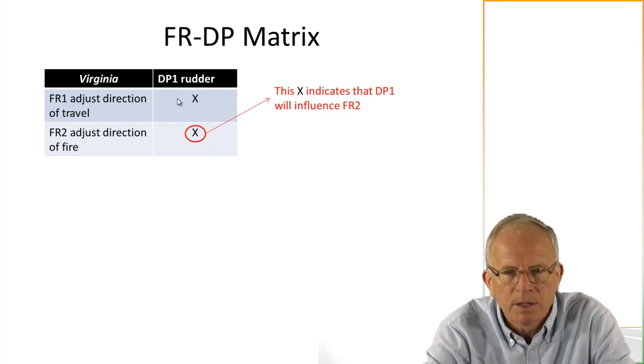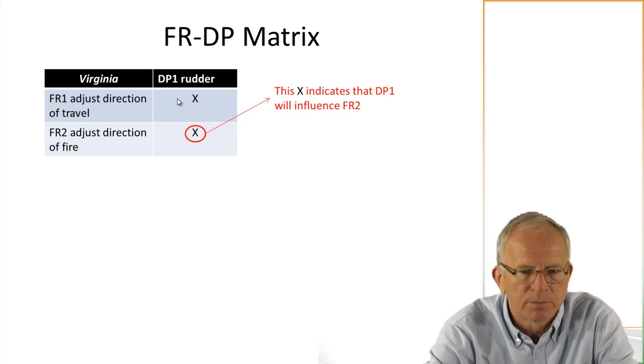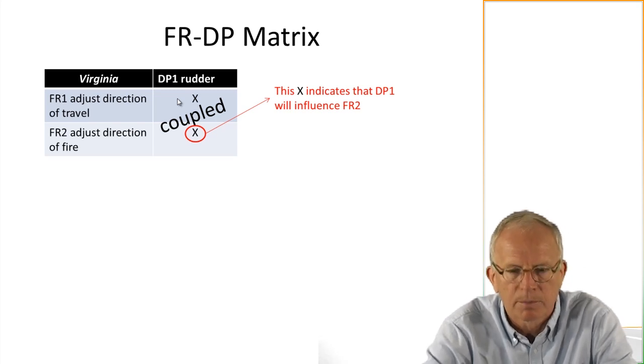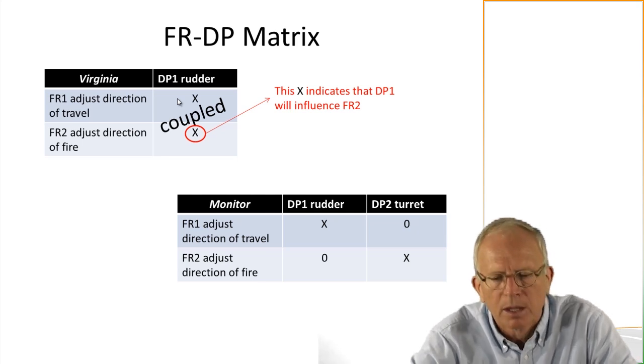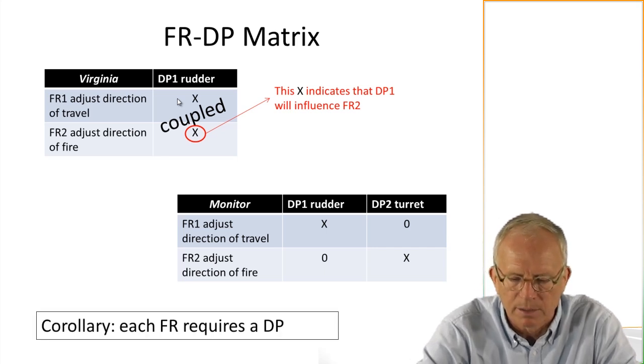One DP attempts to influence two FRs, so that the DP, the rudder, is influencing both the direction of travel and the direction of fire. This is what we call a coupled system. It lacks independence. Now if we take a look at the Monitor, the idea was, well, let's add a turret so we can adjust the direction of fire independently.